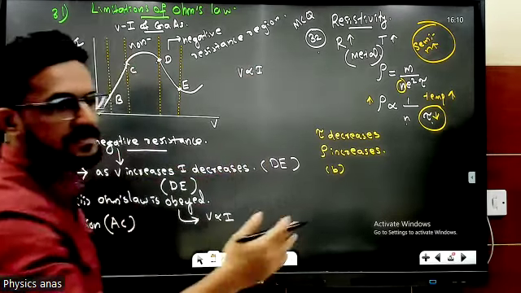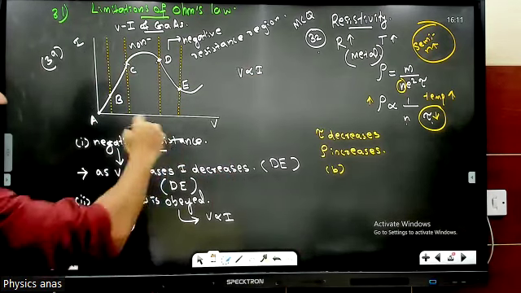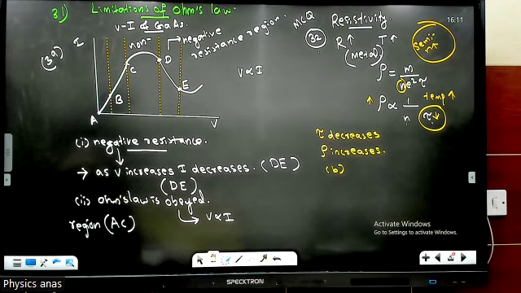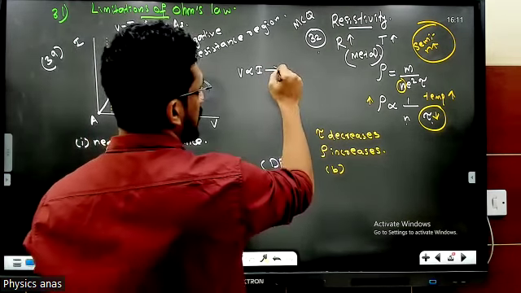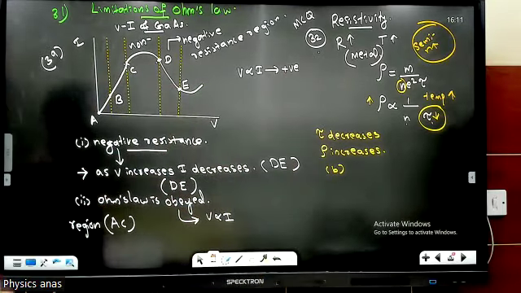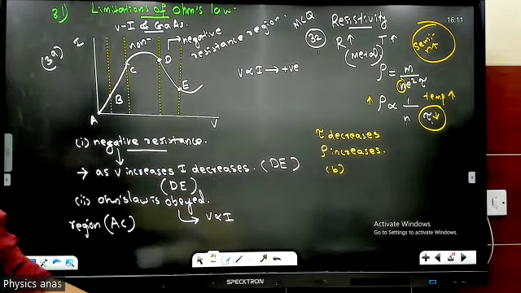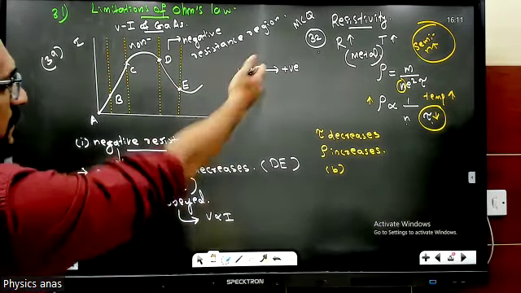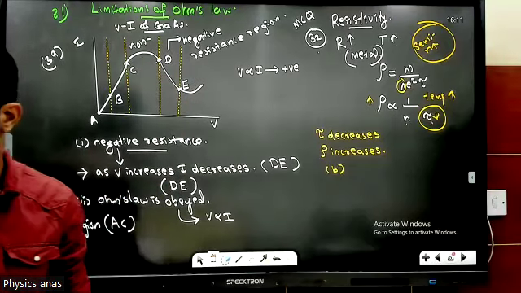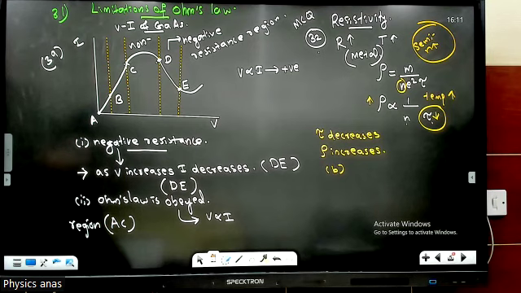As the voltage increases, current should increase. But if as voltage increases, current decreases, it is a negative resistance region. This is positive resistance, and in this case it is negative. So that's our graph.